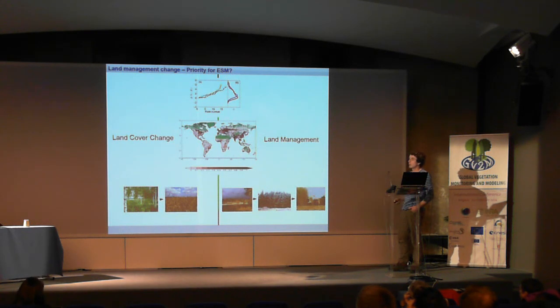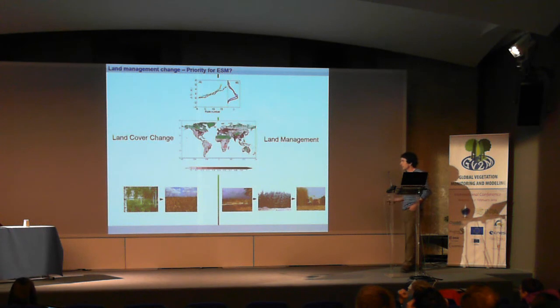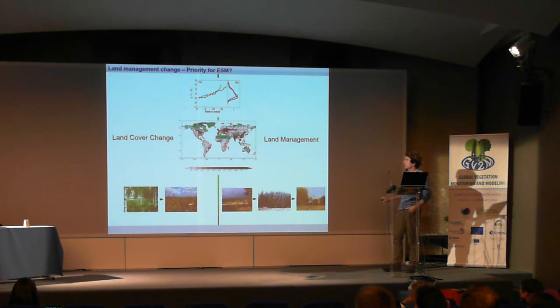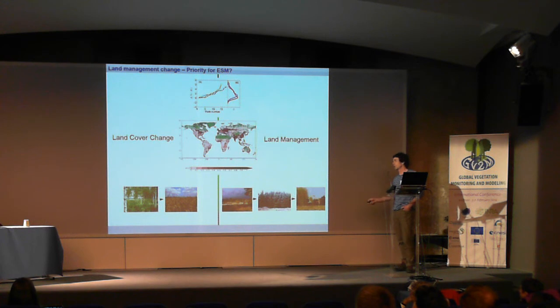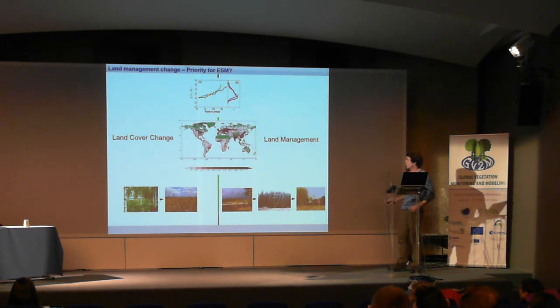So in terms of surface area, there's no problem. Both are important. But the last thing we considered is that in the last decades and even centuries, land cover change has often been in the same direction. We lose forests towards other uses like grasslands or croplands. Whereas for land management, it can be more complex. We don't know in which direction it's going.